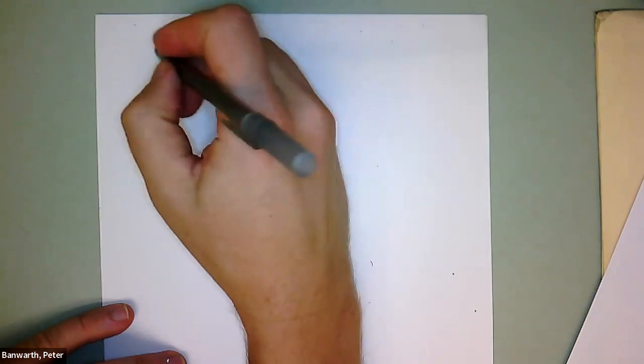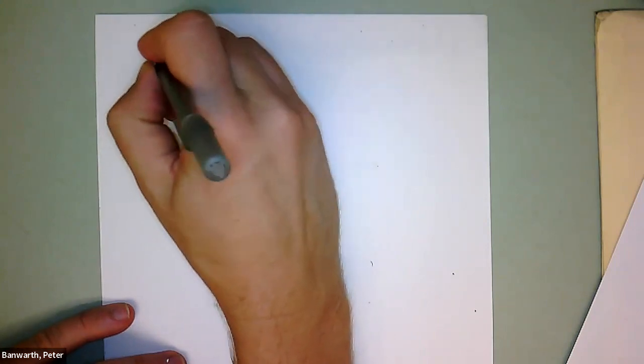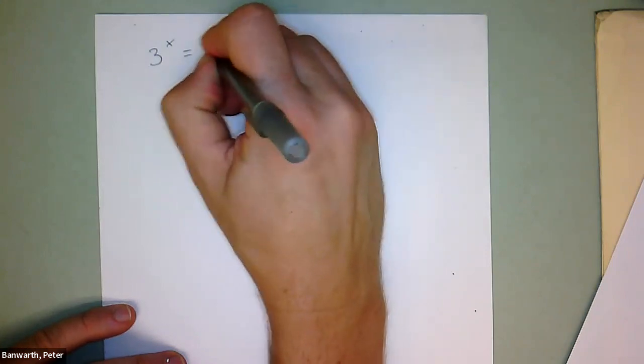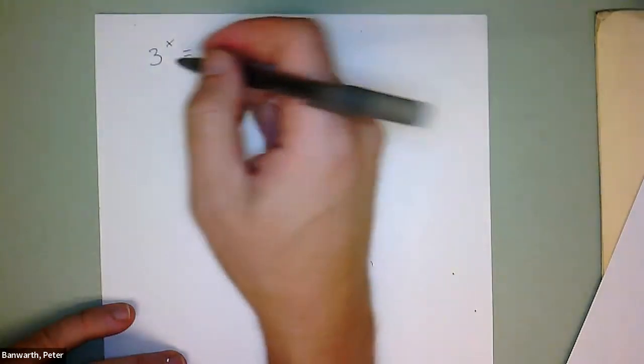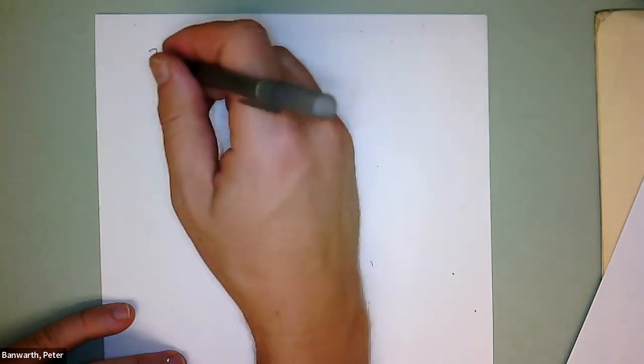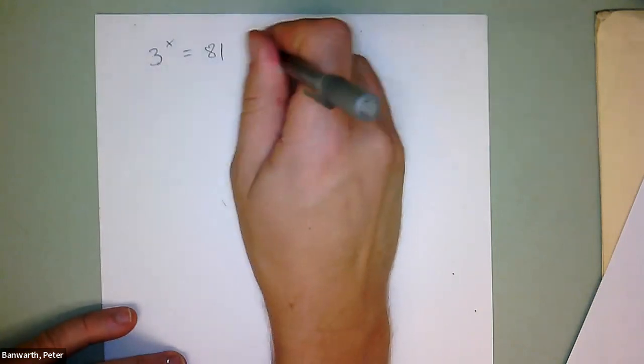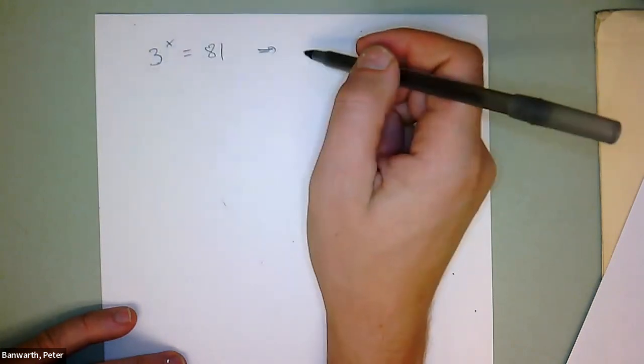Okay, we're just going to start chugging through lots of different equations. So if I have, let's see, 3 to the x equals 81, then I'm solving for x. How do you get rid of an exponential? You do the log of that same base, and there's a lot of ways to think about it.